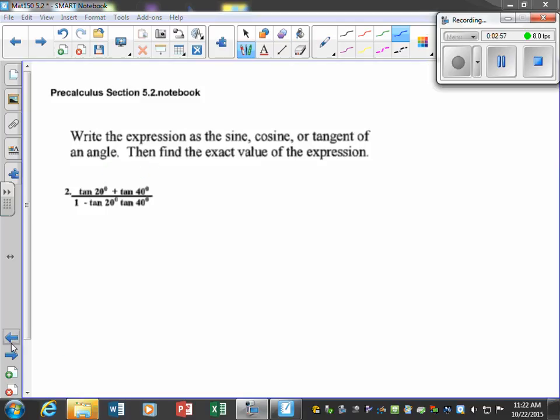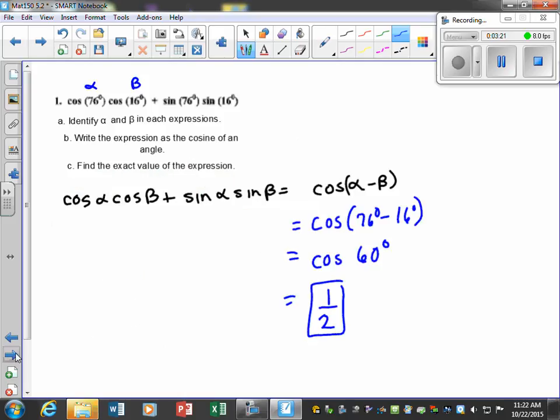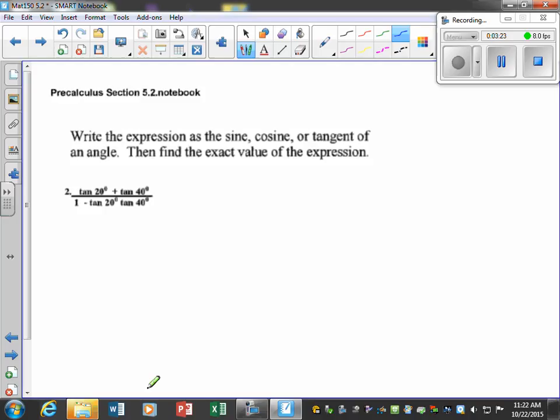After we write that down, let's go back to our formula sheet. Which one has in the numerator a tangent plus a tangent? Good, this one, so it fits this format. We've identified the one associated with it: tangent of alpha plus beta.